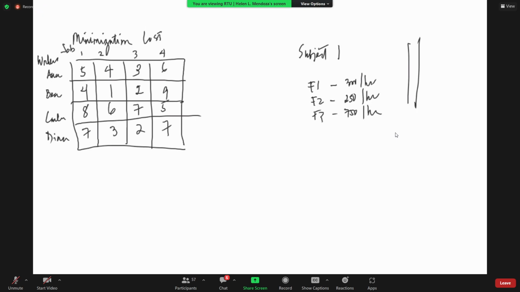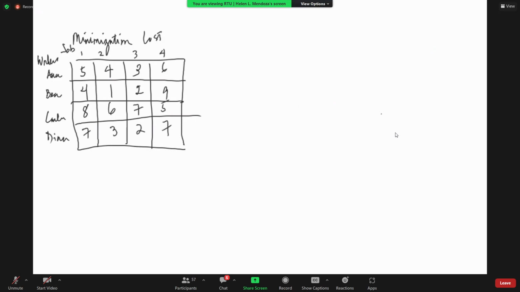And supposing Anna would be given job 2, then it means 400 lang ang ibabayad sa kanya doon. Similar to that. So the objective is to minimize cost. So the question is, how then do we do this? And why is this the same as the transportation problem regarded as the special linear program?